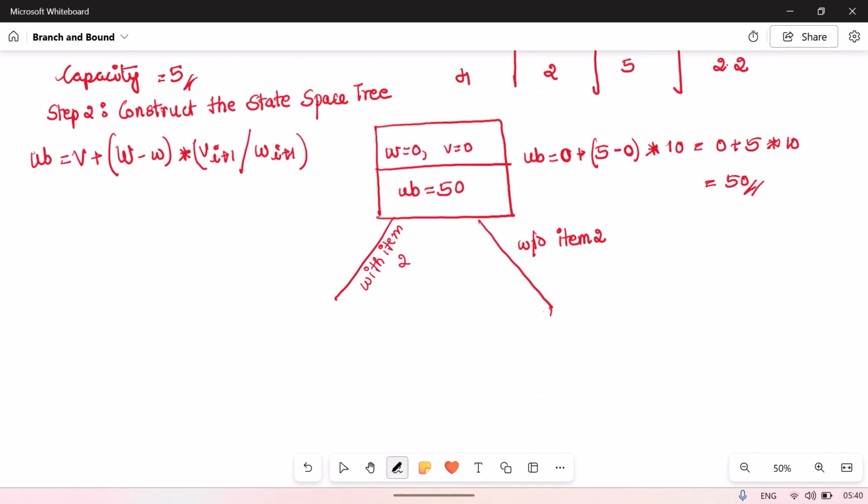So without means previous item only will be considered. So W equal to 0 and V equal to 0. So the upper bound is 0 plus 5 capacity minus the current item 0 times item 2.